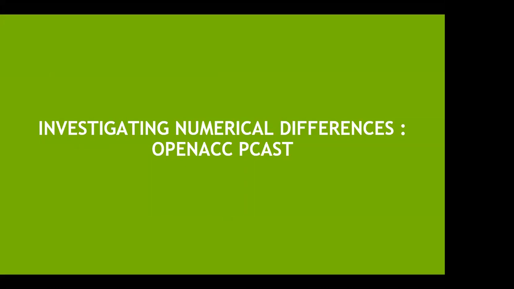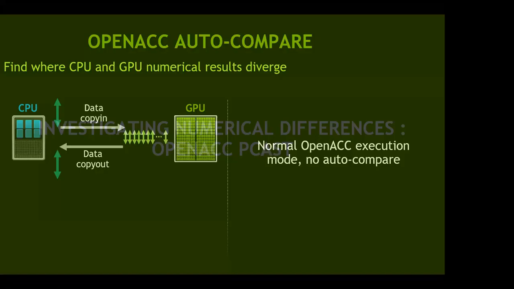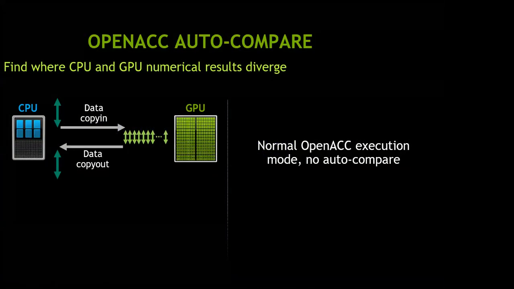So when you have numerical differences, you could use OpenACC PCAST and OpenACC autocompare. This mechanism, in fact, runs the application both on CPU and GPU, exactly the same set of instructions, with the CPU version and the GPU version, and you compare the data, the results.